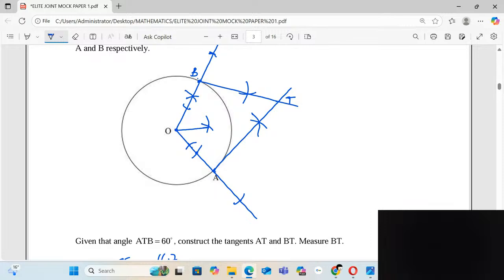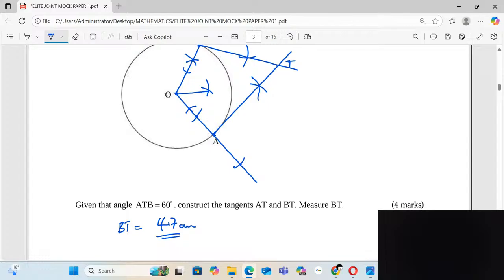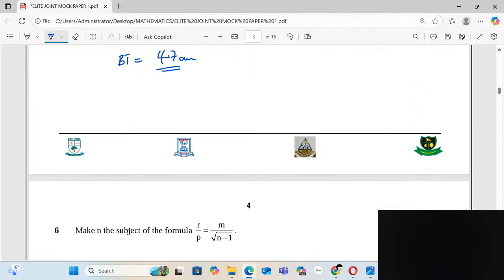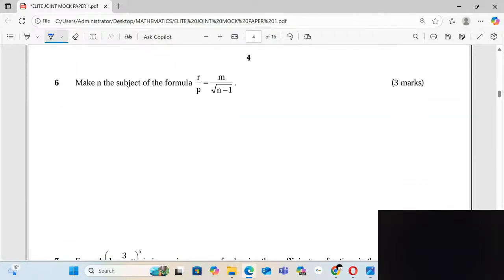You are going to get it right away. You're going to get the PDF as we continue. Then we can move to question number 6.